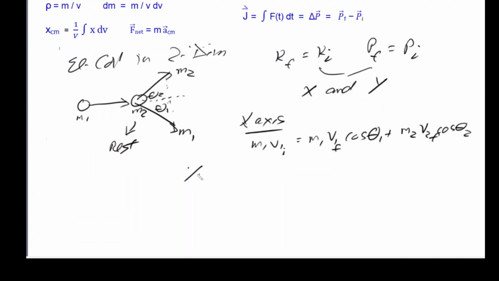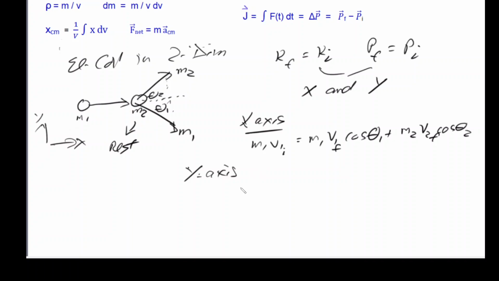Now in the y-axis, note that the initial movement of mass 1 is along the x-axis, if these are our coordinates. So we have no momentum in the y direction.